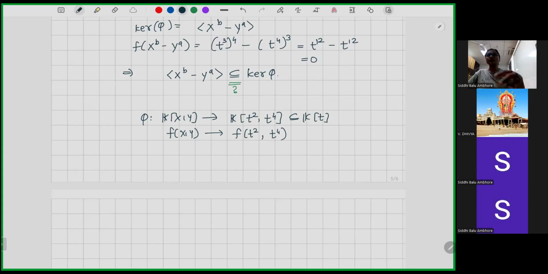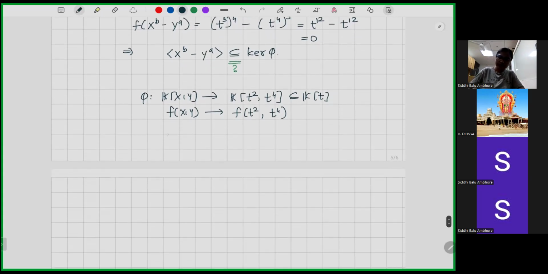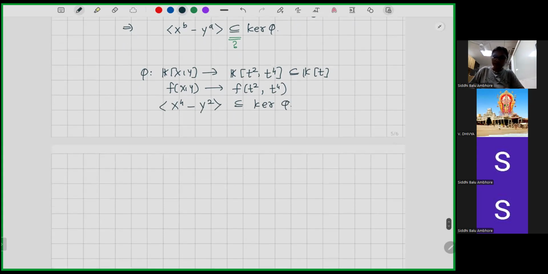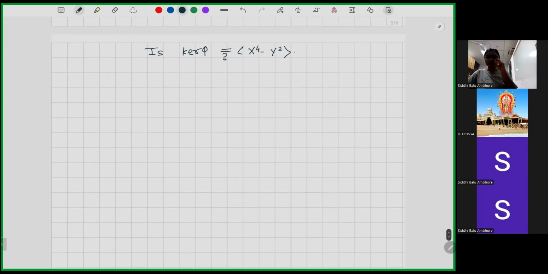Okay, so can you find some element which vanishes? As per the guess, we already have that x^4 minus y^2 is contained in the kernel of this map phi. But whether the kernel of phi is equal to this x^4 minus y^2, that is the question.